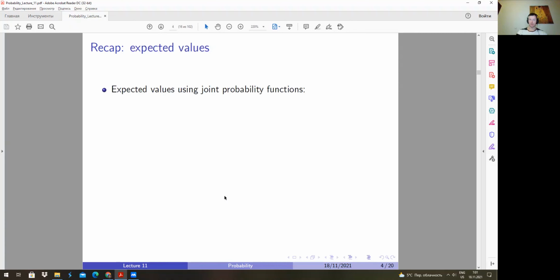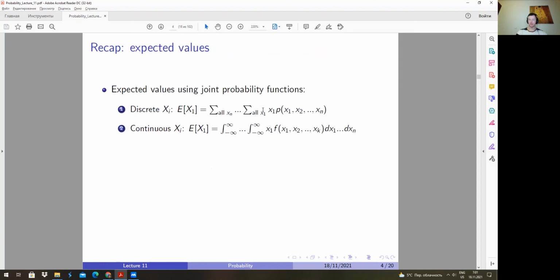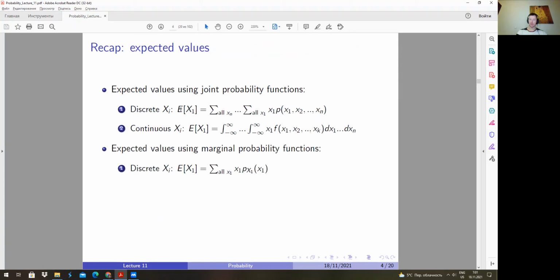So now, once again, if I take this x1 and summation over x1 out of all other sums, if I factor out, I will get that inside I have the marginal probability mass function for x1, and this is simply a univariate case of calculation of expectation.